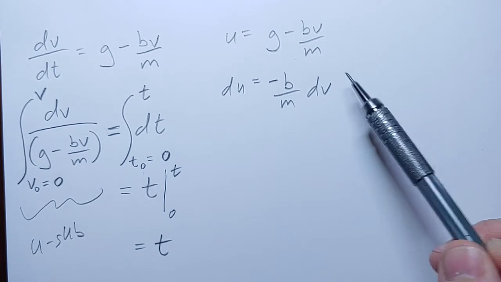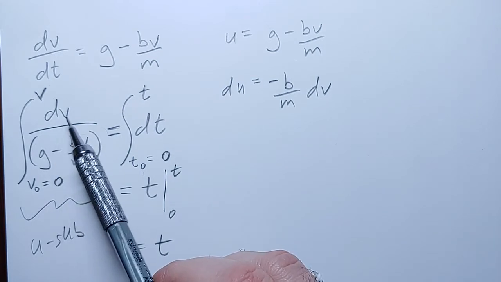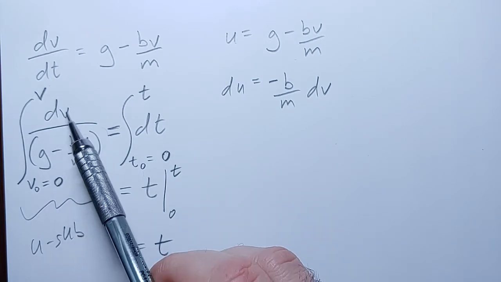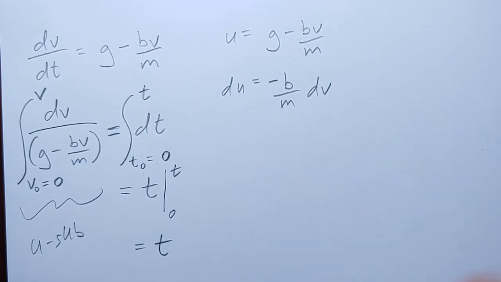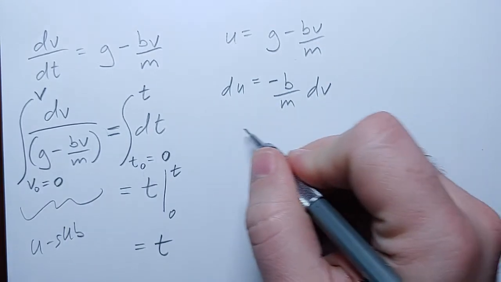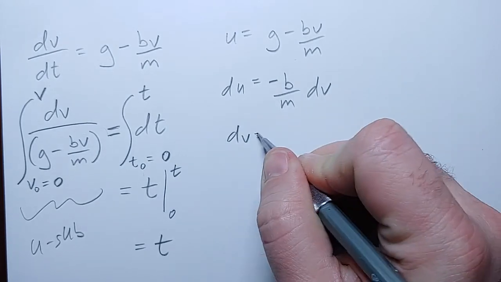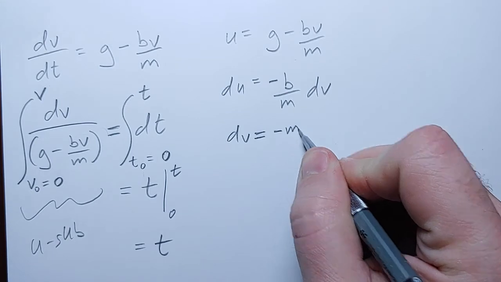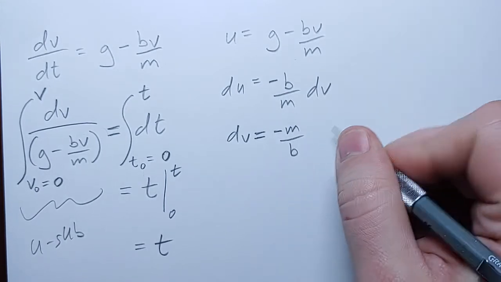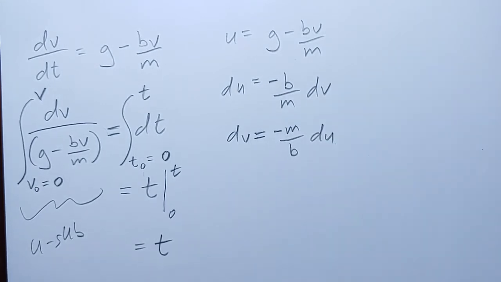And so our original expression then is going to be 1 over u times dv. And so we can see if du is negative b over m dv, that means that dv is going to be negative m over b du.